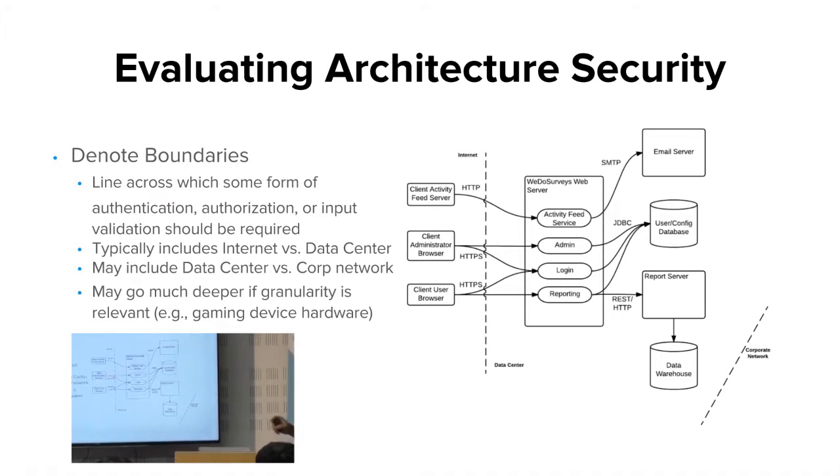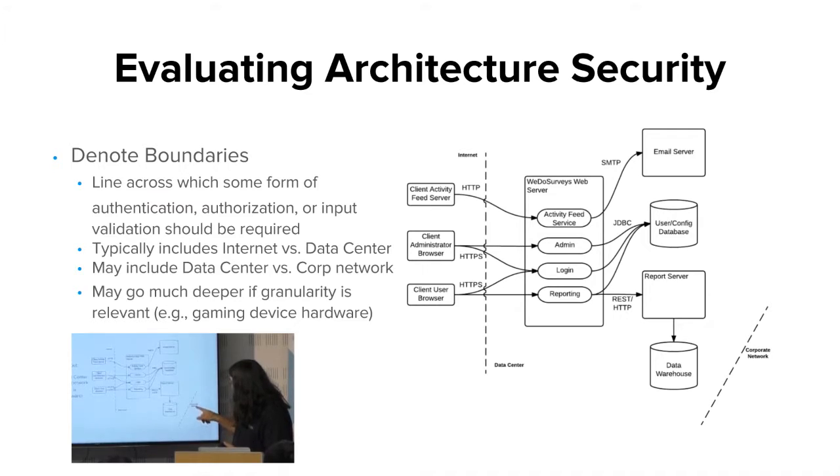One rule of thumb is that a boundary will denote an interaction where some form of authentication or authorization or input validation, something like that, either is happening or should be happening. Certainly, if a client is contacting the web server, we should be doing some authentication and probably some input validation.